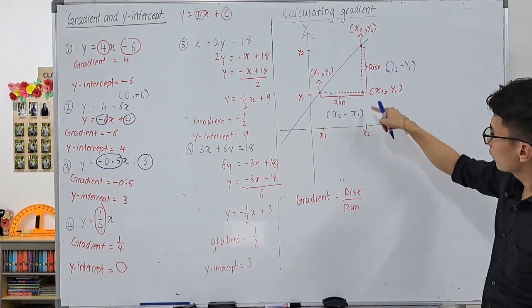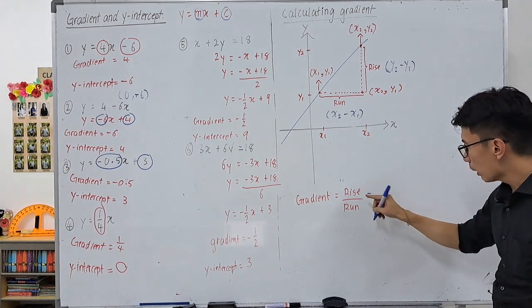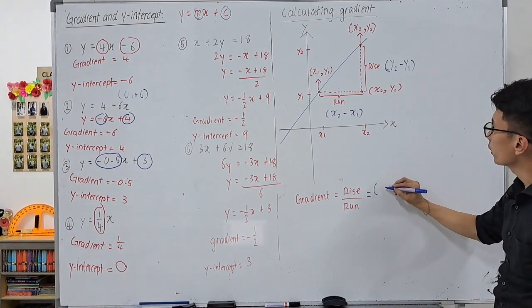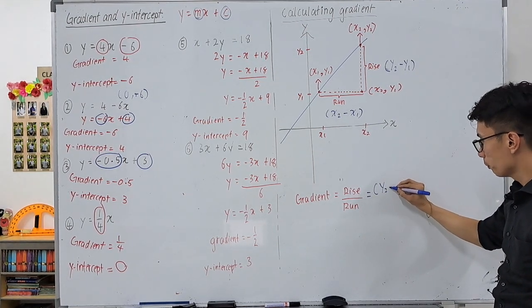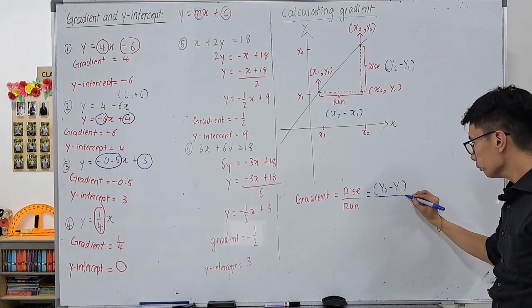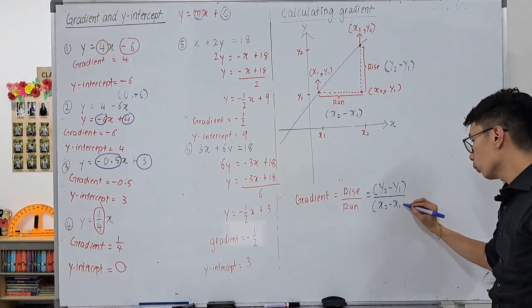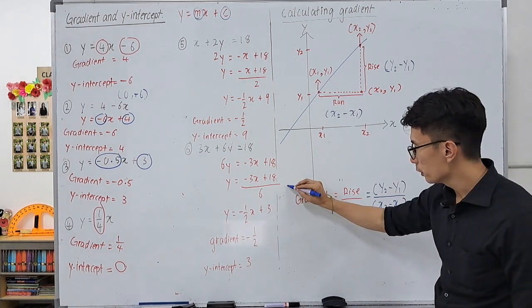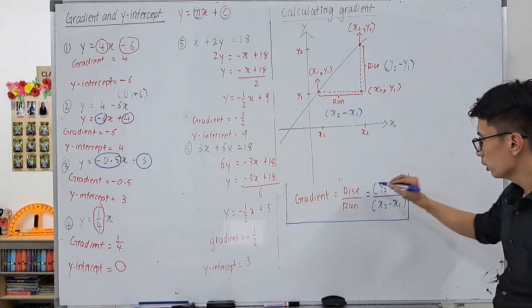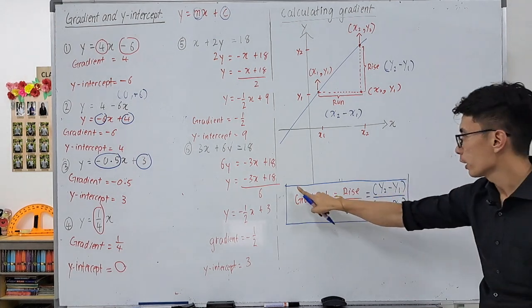So I'm going to plug this in right now. How do I find my rise? It's going to be this expression: y2 minus y1, and over everything, x2 minus x1. And this is our formula to calculate the gradient of a straight line.